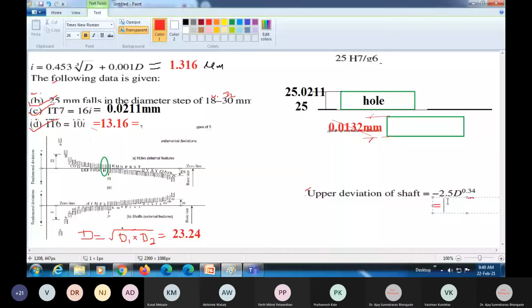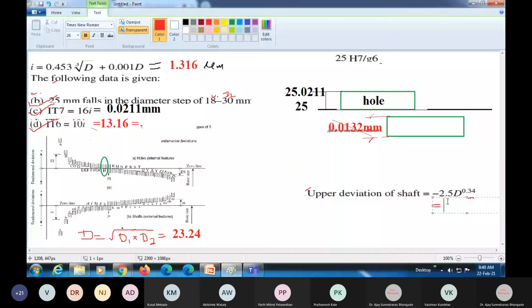Okay, what is the value of that? 23.24 to the power 0.34. Minus 7.3. So minus 7.3 is the complete answer. Yes, sir. Minus 2.5 into d raised to 0.34. Okay, so minus 7.3 will be in microns. If we convert it, that will be minus 0.0073.